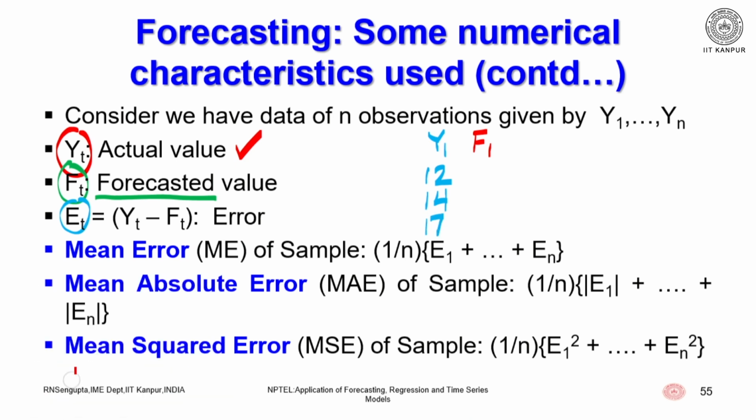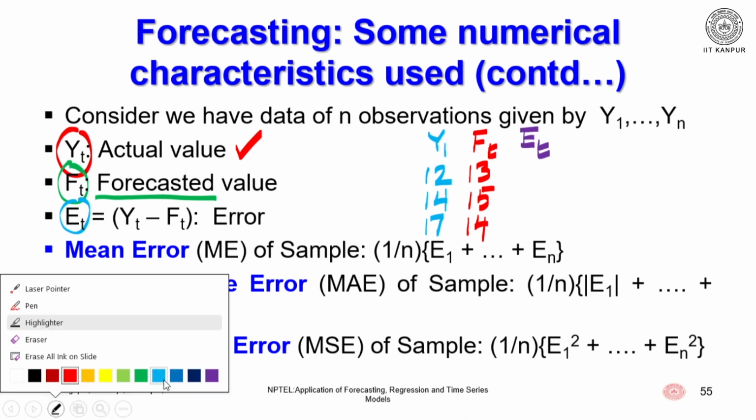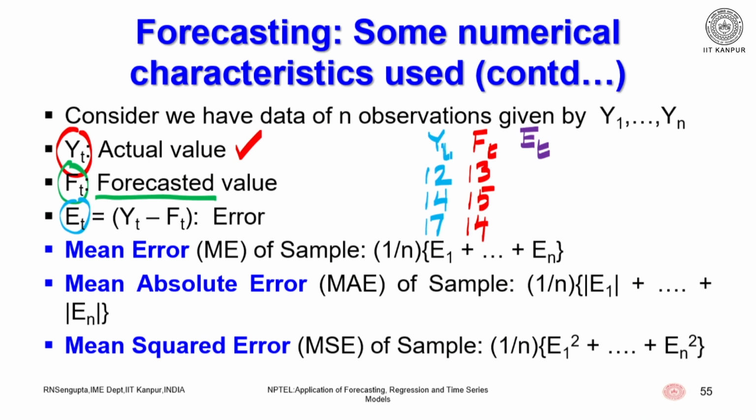The f values are 13, 15, and 14. The corresponding value of E, the error, I will write in a different color. It should be t, this should be t, and this should be t.